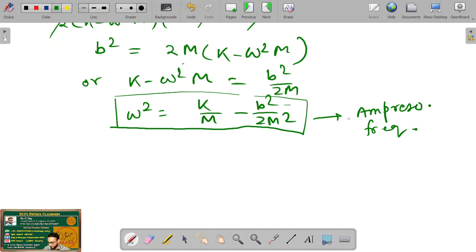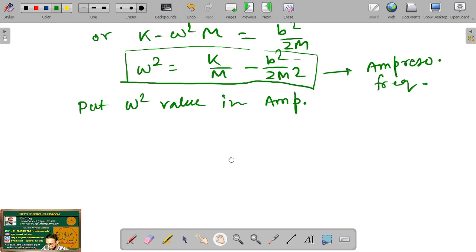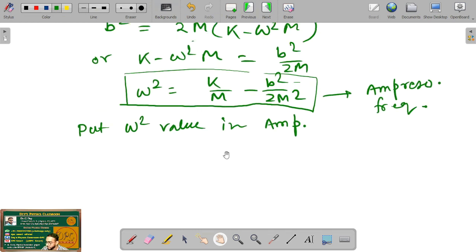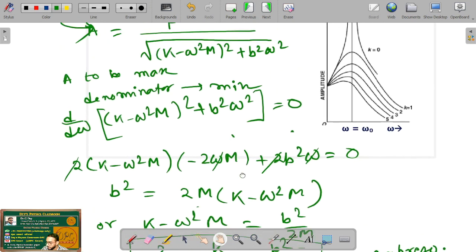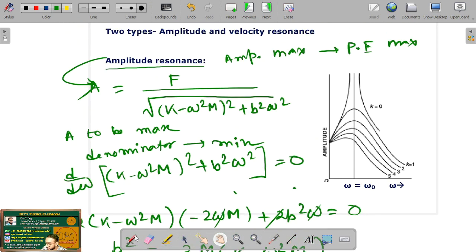So we have to put this omega square value in the equation of amplitude. We will get the maximum amplitude for amplitude resonance.